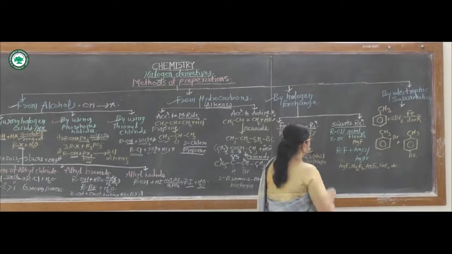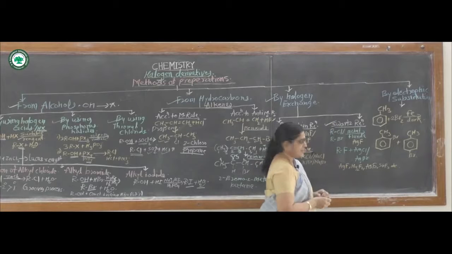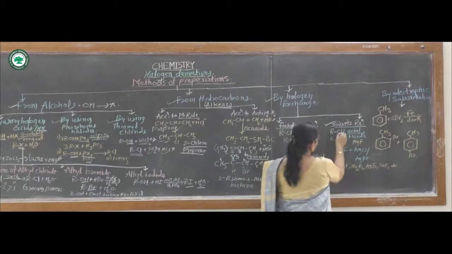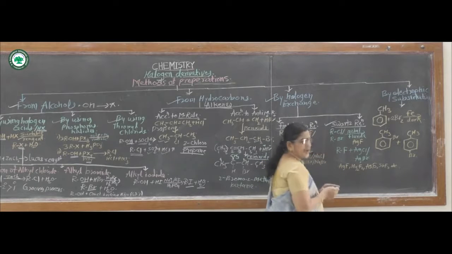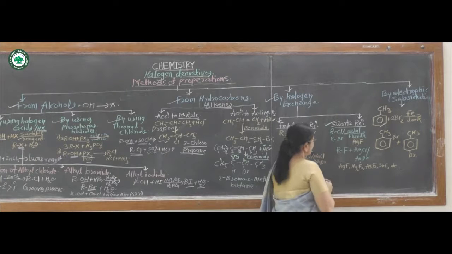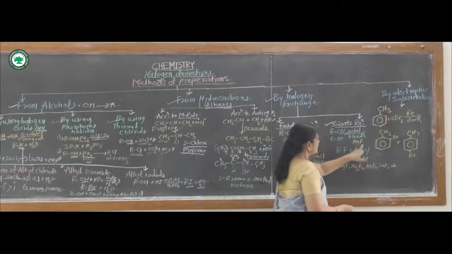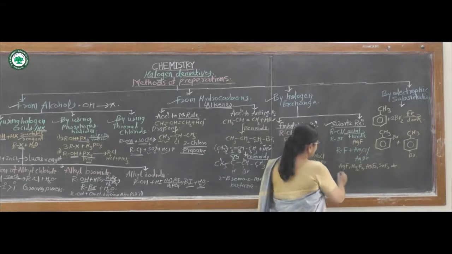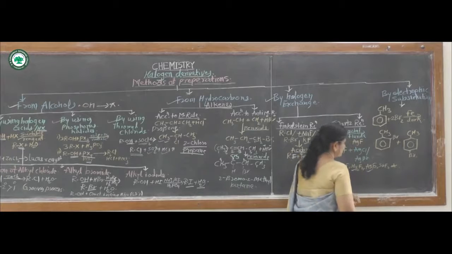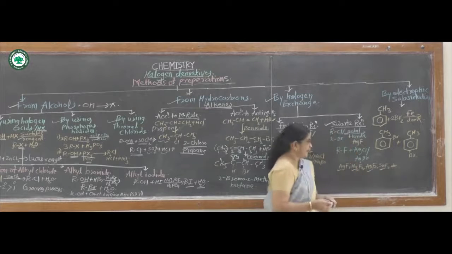Then the second reaction is the Swarts reaction. In this reaction also, alkyl chloride or alkyl bromide reacts with a metal fluoride such as silver fluoride, mercury fluoride, AsF3 or SbF3.